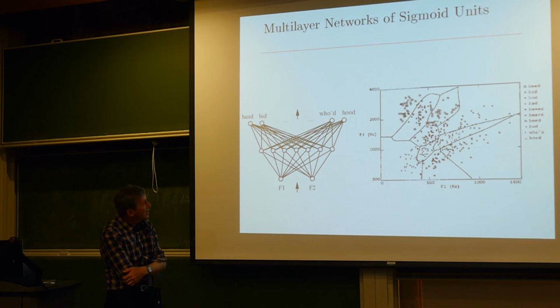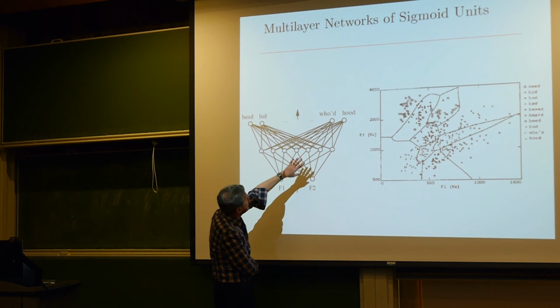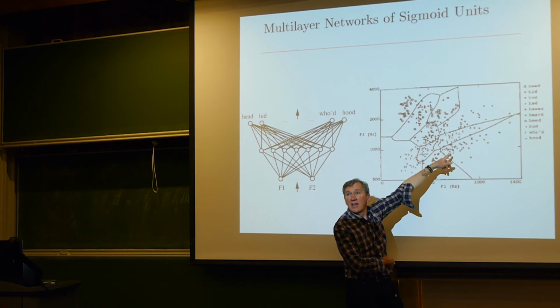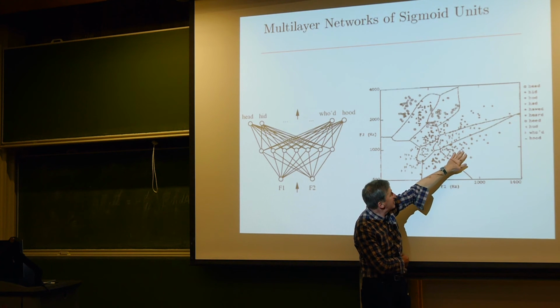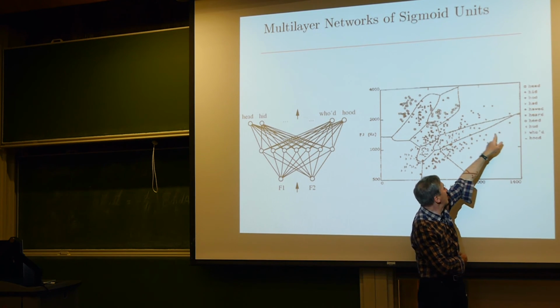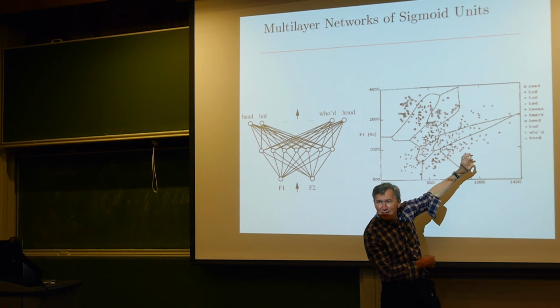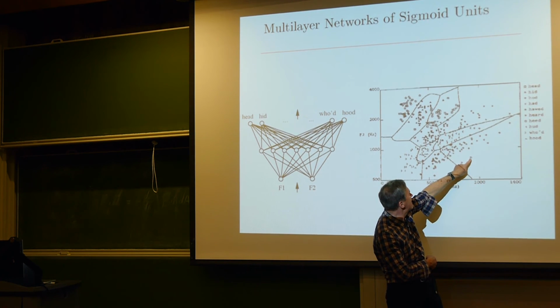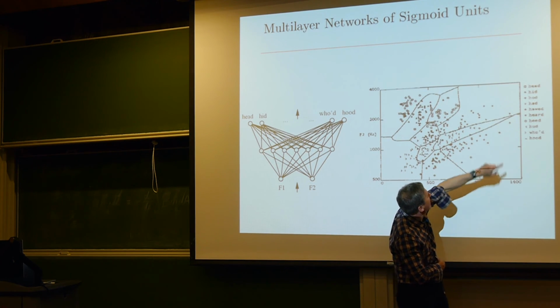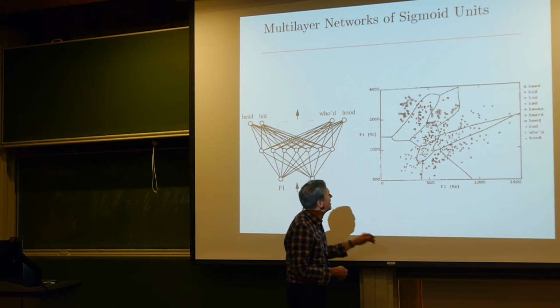And when it is trained, then if we look at the decision surface that it learns, that's actually shown here. The dots on here are the different data points. If you have really good vision, you can probably see that that's an open circle, meaning heed, and that's a plus, meaning hod.